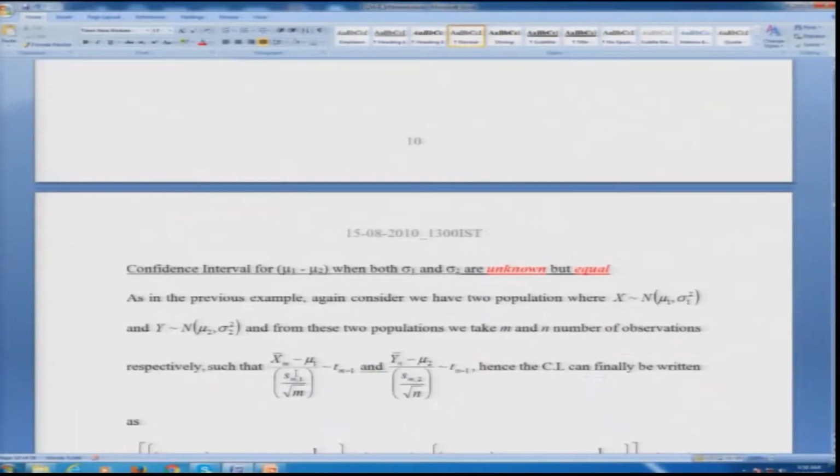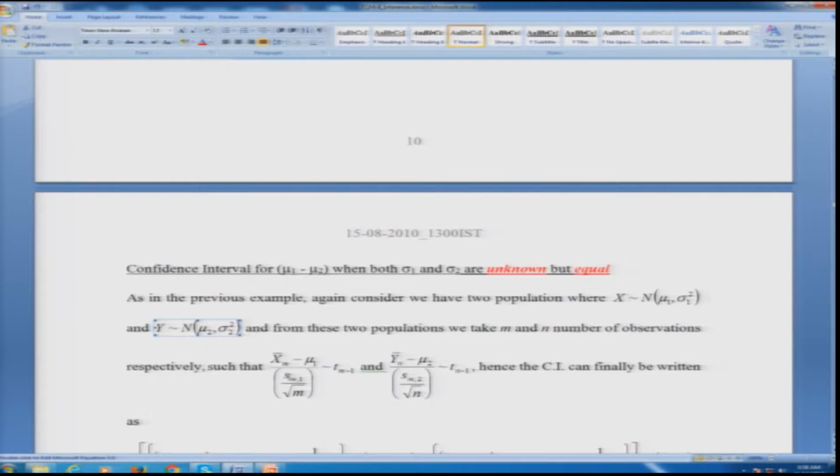If the population variances are unknown, obviously you have to replace them with the corresponding values of the sample. So, in the sample case, this is true, which we have already discussed.